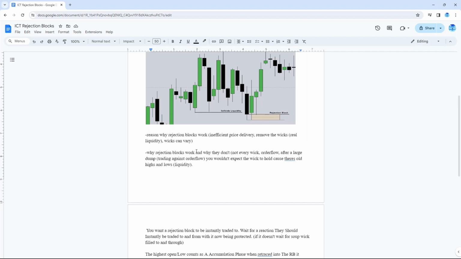Every wick and every swing high and swing low candle that looks decently like a rejection block is not going to be a rejection block. We have to base it off order flow, right? After a large dump, trading against order flow, you wouldn't expect this wick to hold because there's no old highs or lows with liquidity nearby, correct?